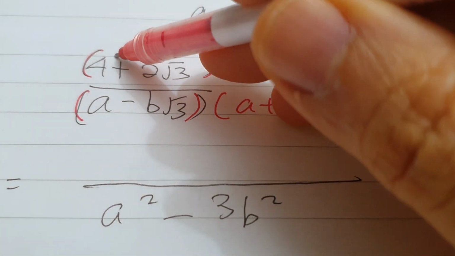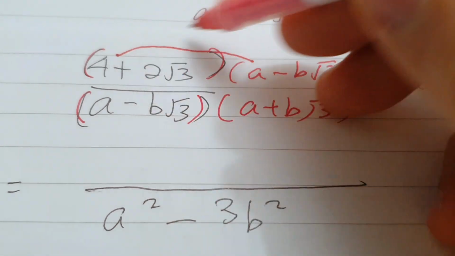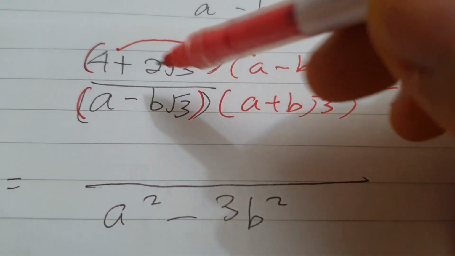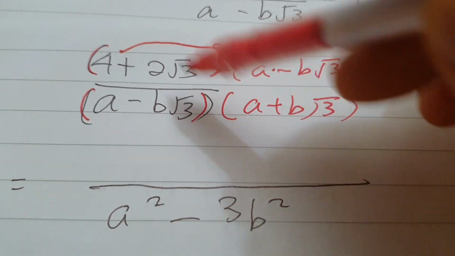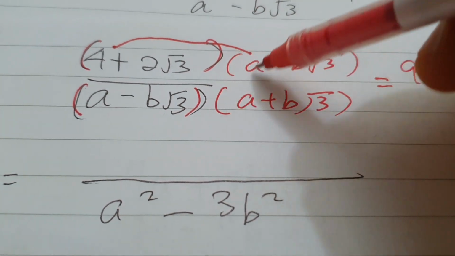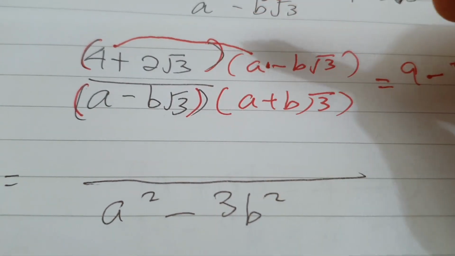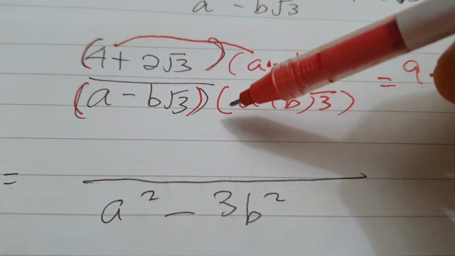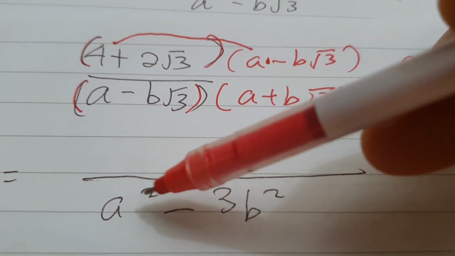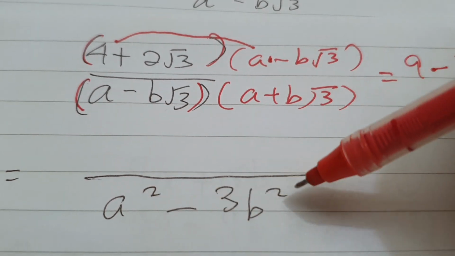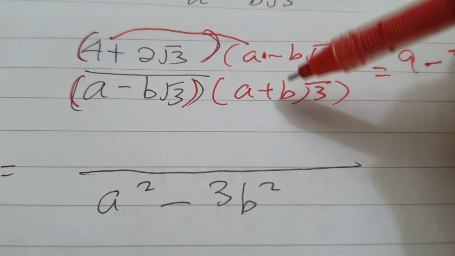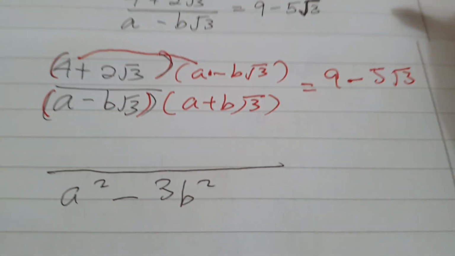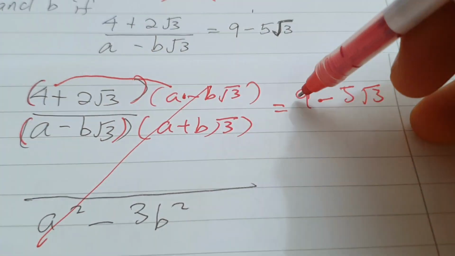At the numerator I haven't even expanded yet, but if I expand it, I will end up with a and b unknowns at the numerator, and the denominator already has two unknowns, and they are squared. So this approach is very complicated, and I would not recommend it.